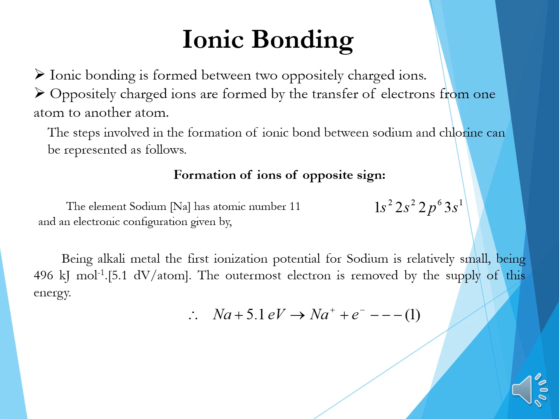Being an alkali metal, the first ionization potential for sodium is relatively small, equal to 5.1 electron volt per atom. The outermost electron is removed by supply of this energy. That is, a sodium atom takes 5.1 electron volt, becomes sodium positive ion plus an electron.